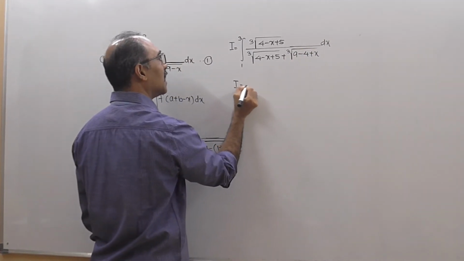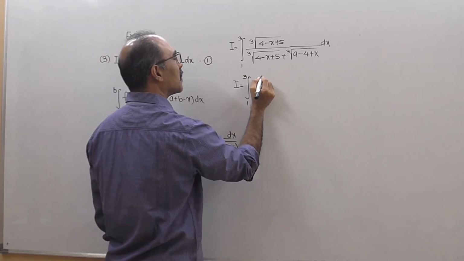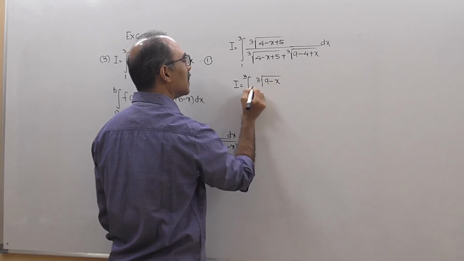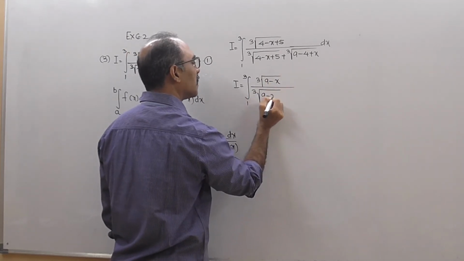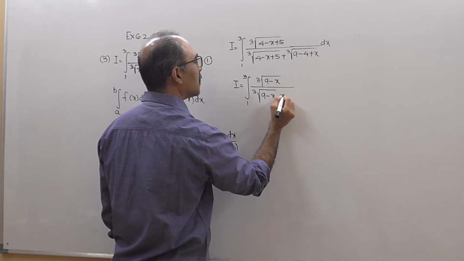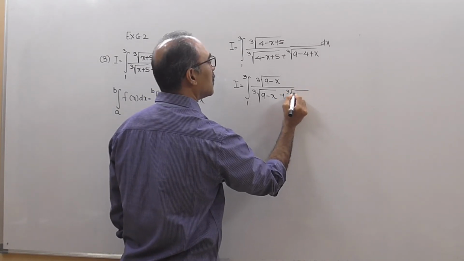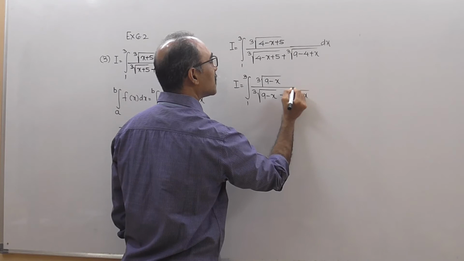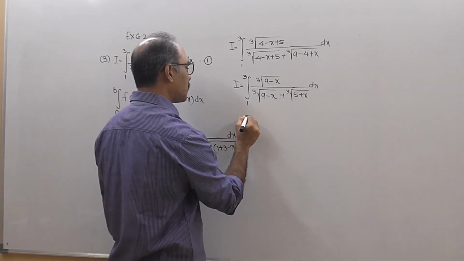So you get I equal to integration 1 to 3 cube root of 9 minus x, cube root of 9 minus x plus cube root of 5 plus x dx, because 9 minus 4 will give you 5.